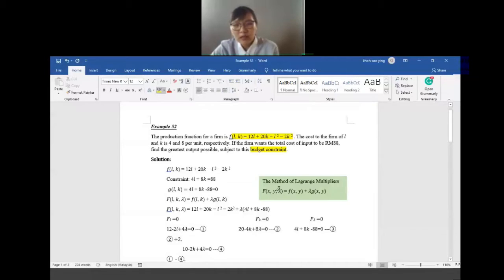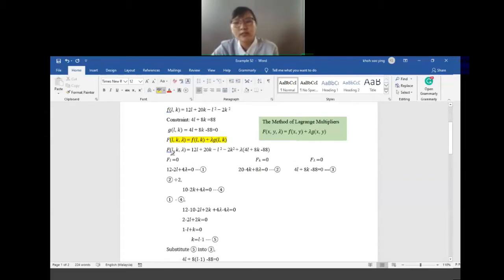So our new function F(L, K, lambda) equals the production function plus lambda multiplied with the constraint function. Please take note that our constraint should equal 0.